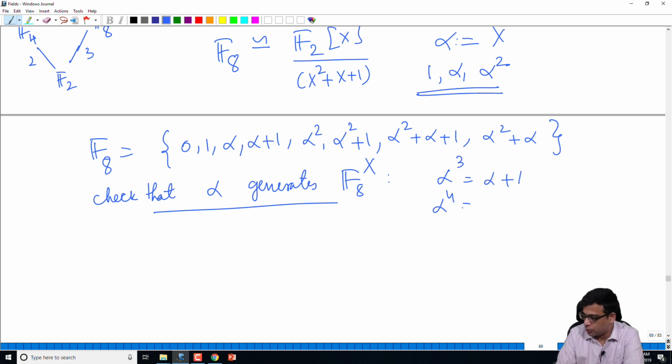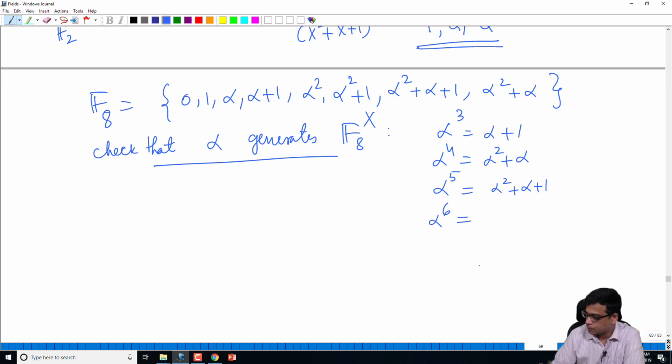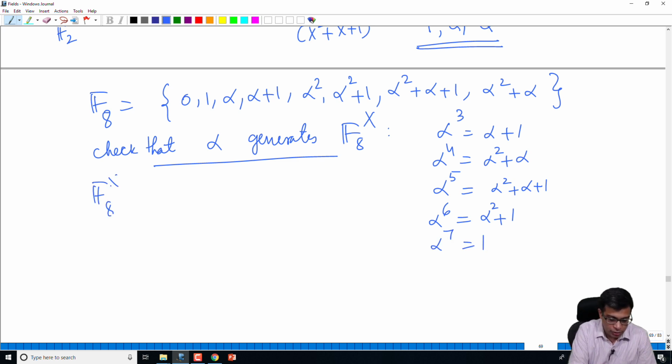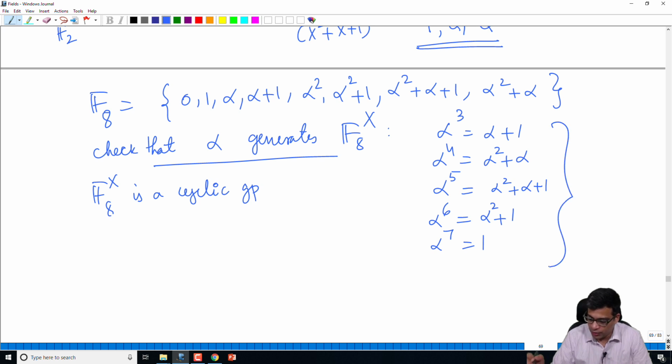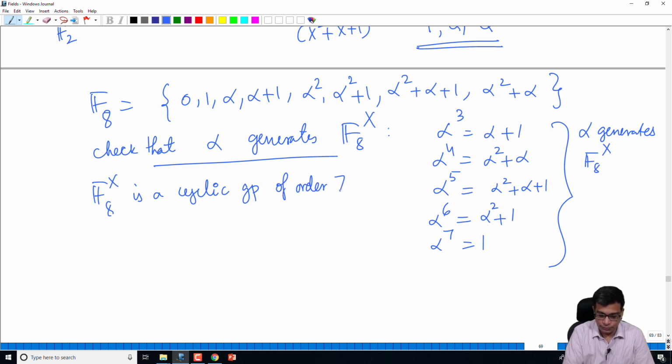You can check that alpha power 4 is alpha squared plus alpha, alpha power 5 is alpha squared plus alpha plus 1, alpha power 6 is alpha squared plus 1. And alpha 7 will be 1. So F8 cross, remember, is a cyclic group. Our theorem tells us this, but you can actually verify that alpha generates F8 cross. It is order 7.